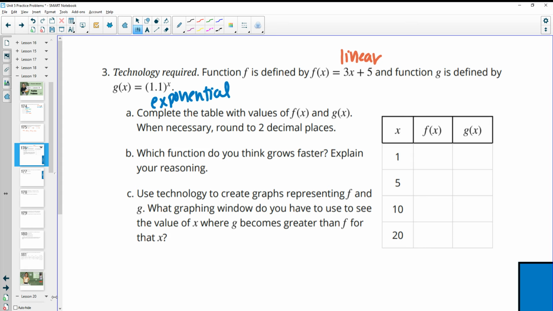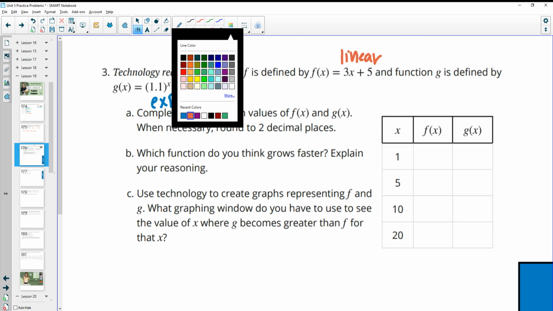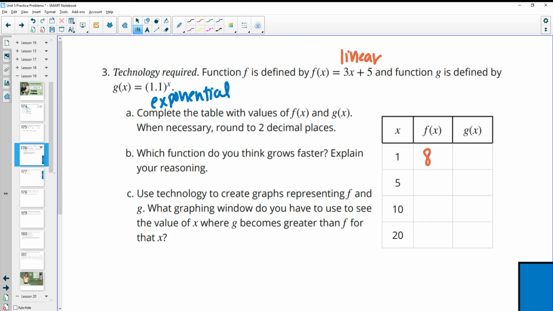You can just type these into your calculator. So f of x, if we plug in 1, we are going to get back 8. If we plug in 5, we're going to get back 20. If we plug in 10, we're going to get 35. And if we plug in 20, we're going to get 65. So we're just doing 3 times x and then adding 5.